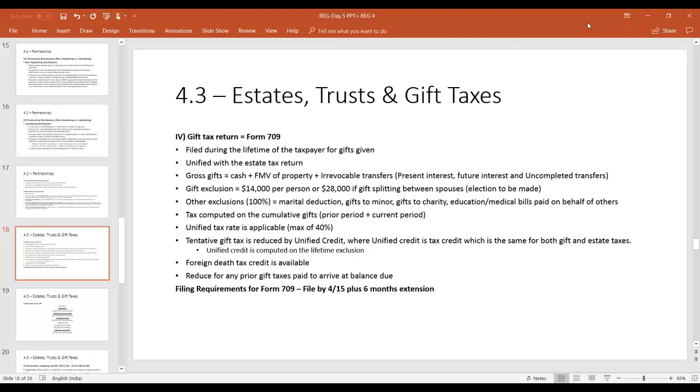And why is it that? People who have large estates, or basically who are typically very, very wealthy, may try to give away gifts in their lifetime so that upon their death, the estate will not have to incur such a large tax liability.